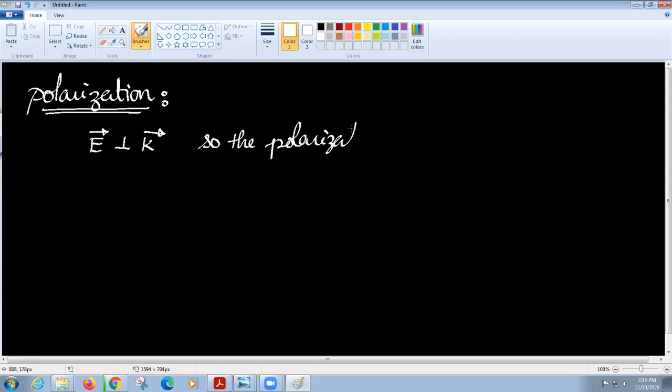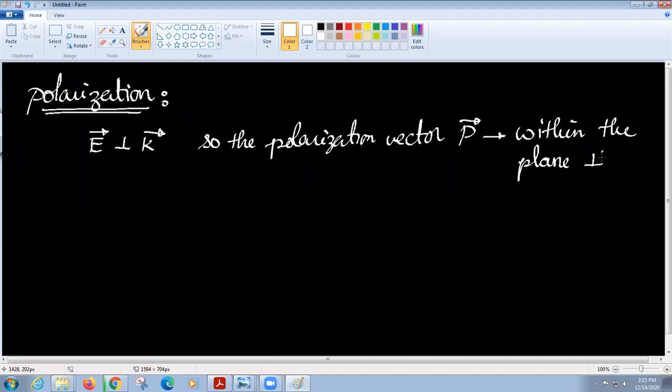Now, the polarization vector, we take it as P. And this P must fall within the plane perpendicular to wave vector K. So I know this already.